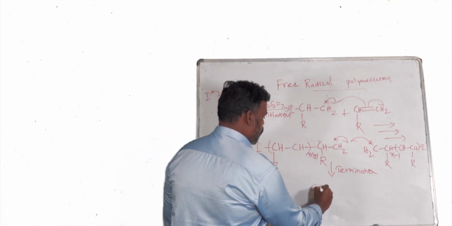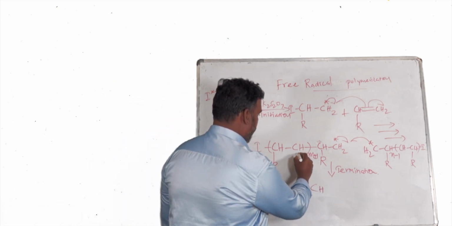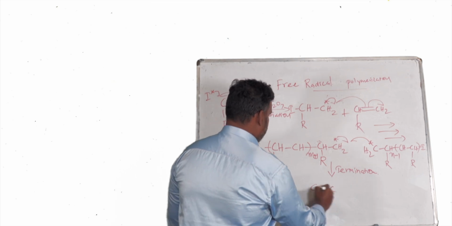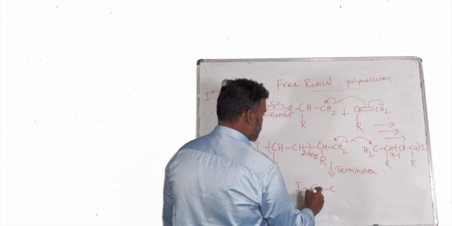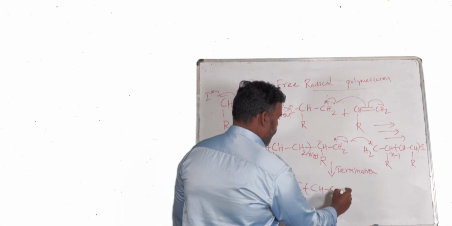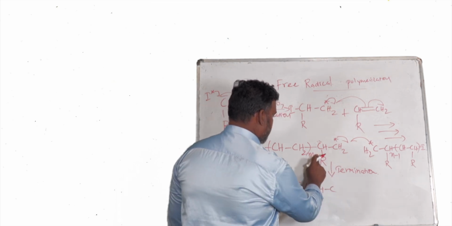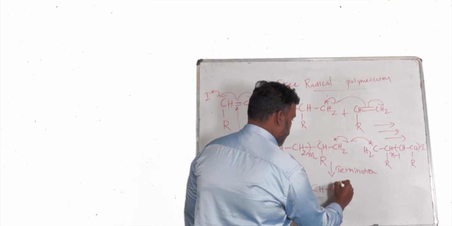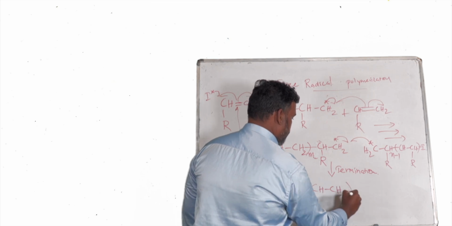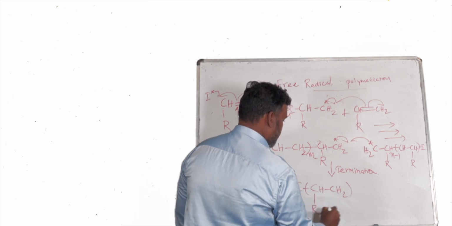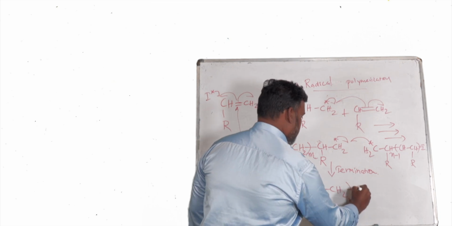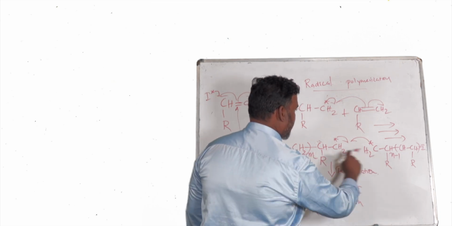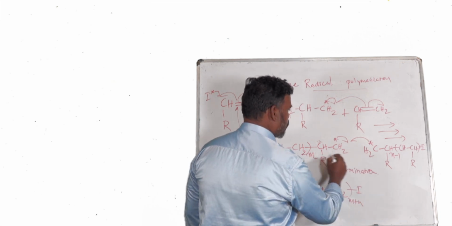I'm just going to write this particular structure. You have CH2 here, and let's say this is m and this is 1. These two collide, these two meet and form a chain. Let's say m and m plus n are combined and it has produced this structure.